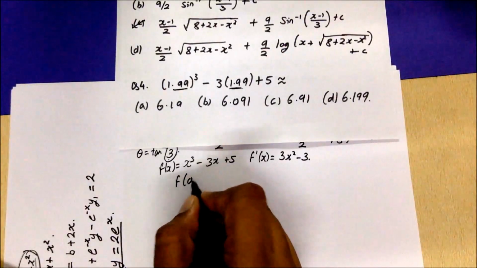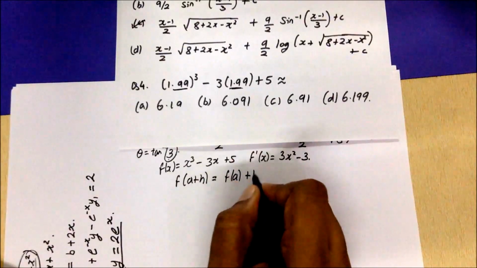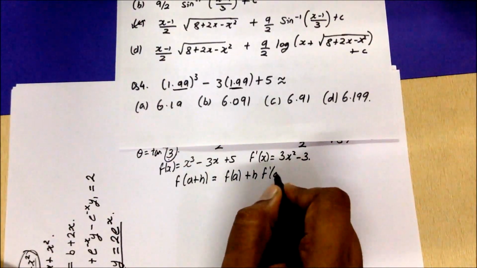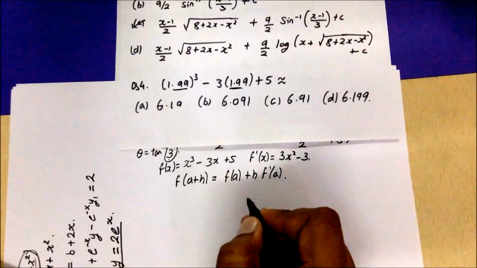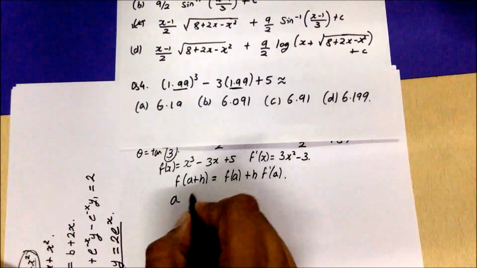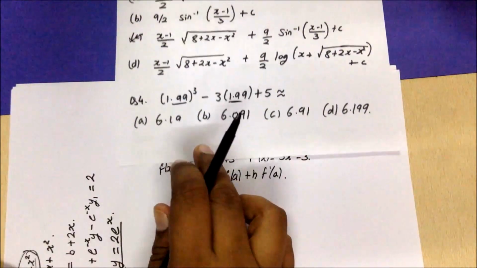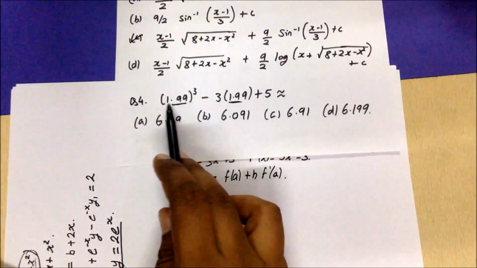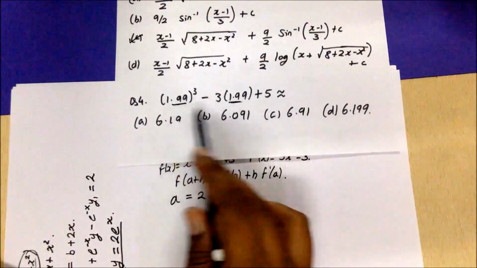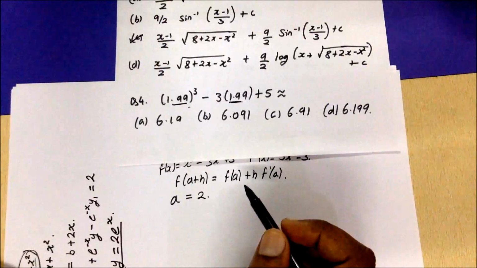So your f of a plus h is equal to f of a plus h into f dash of a. So in this you have to find what is going to be your a. So here your a can be taken as 2, because you have to take the nearest value. So 2 is the nearest value where you can easily find the value of this particular function.